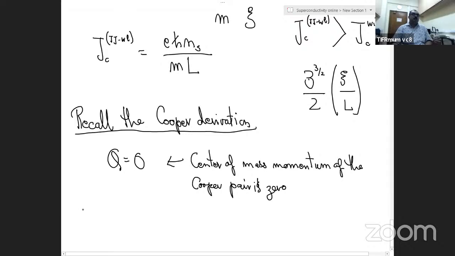Now suppose you remove this constraint and you calculate again the binding energy of the Cooper pair.